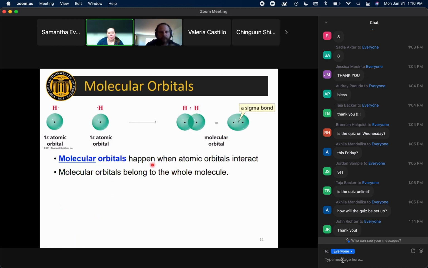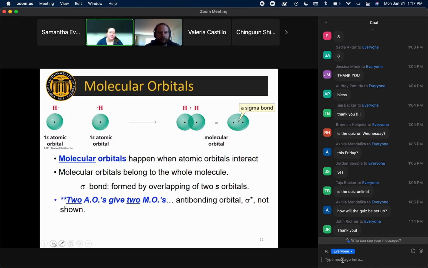These molecular orbitals are created from atomic orbitals, and those atomic orbitals don't exist anymore. We took the meat of those atomic orbitals and used them to make these molecular orbitals, which belong to the molecule as a whole, or at least some portion of it.